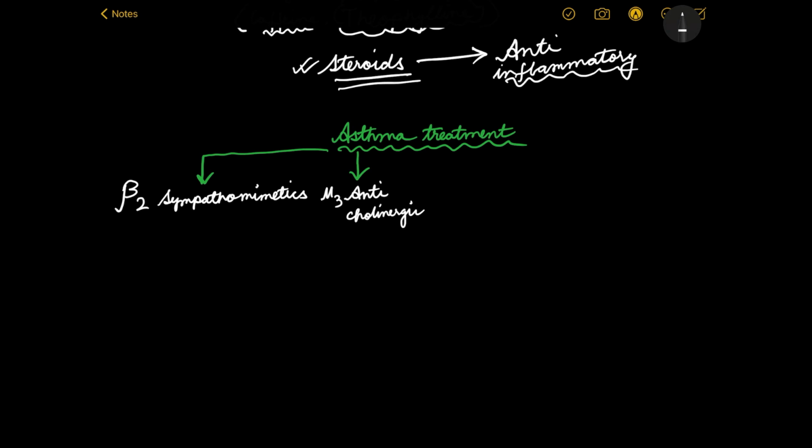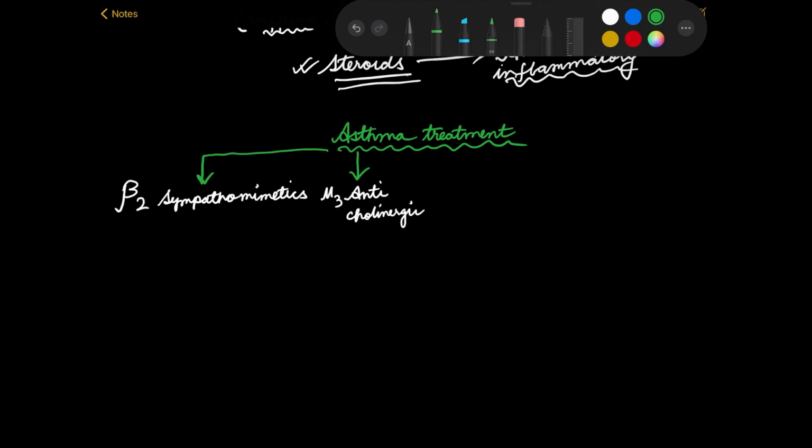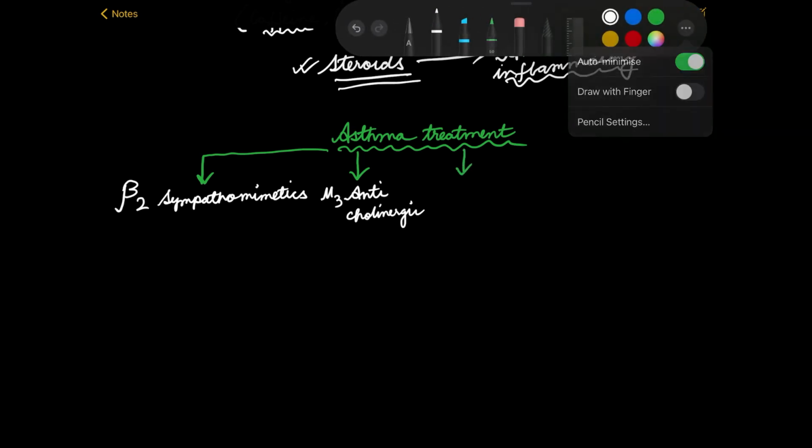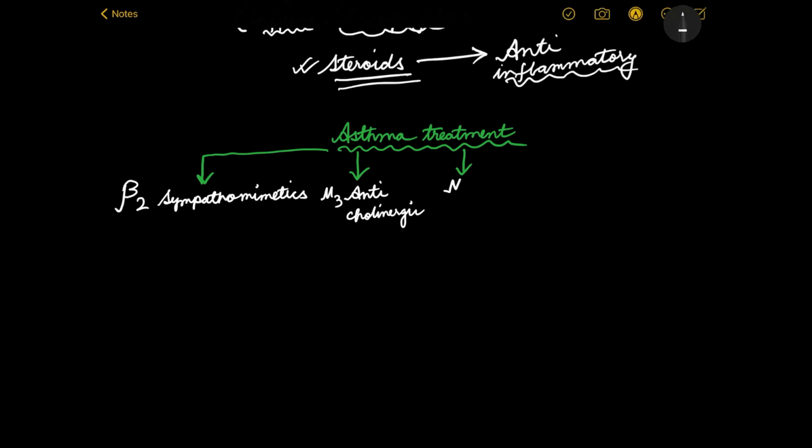Then under bronchodilators itself we have methylxanthines. Actually, to be more precise, it is theophylline, which is the most common, and it has the most potent bronchodilator activity.